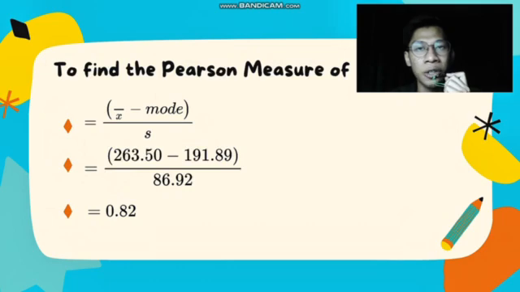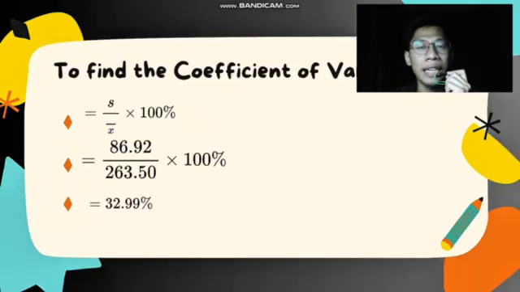The next one is to find the Pearson measure of skewness. The answer that we're getting is 0.82. And lastly, we are finding the coefficient of variation, which is 32.99%. So if we look at the answer, we can see that the graph is showing a positive distribution. So that's all for me.